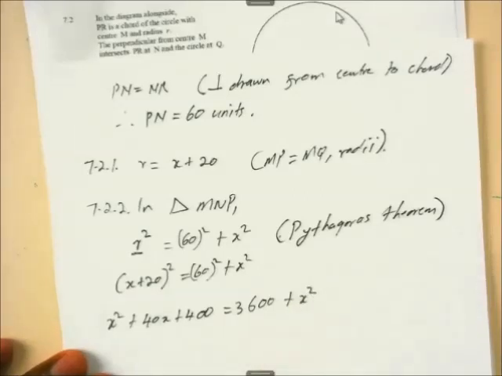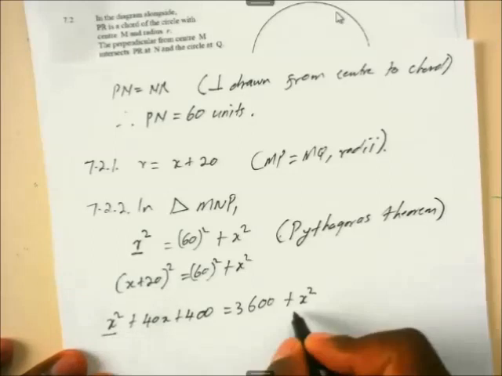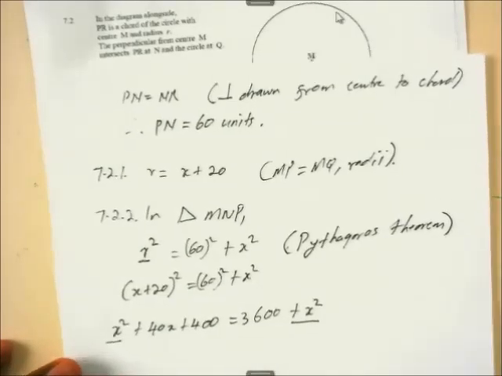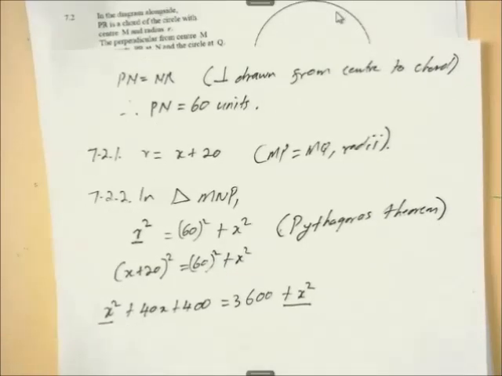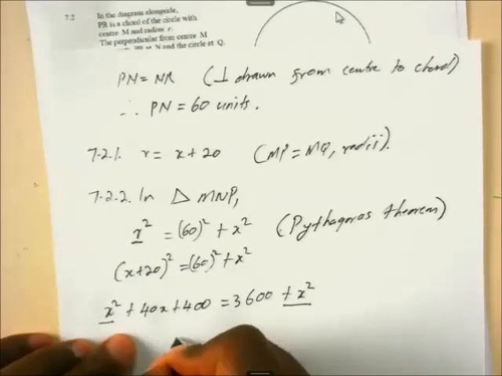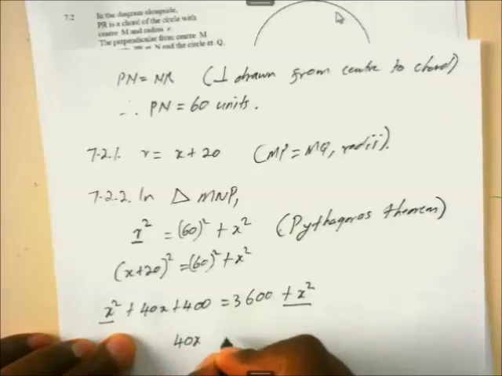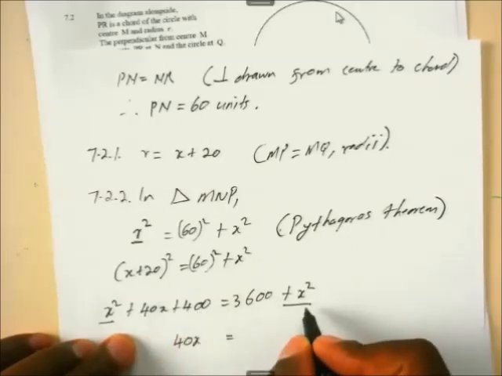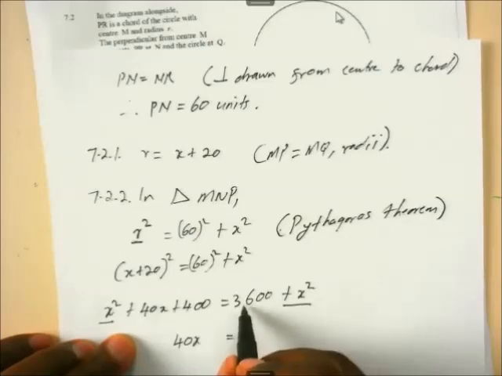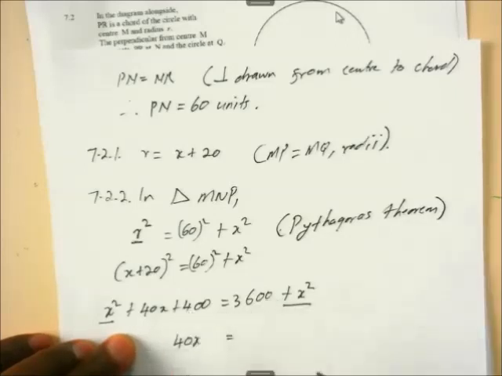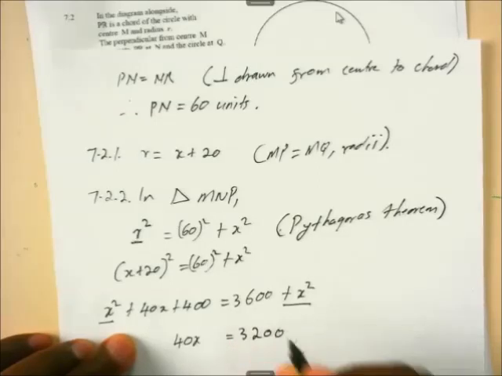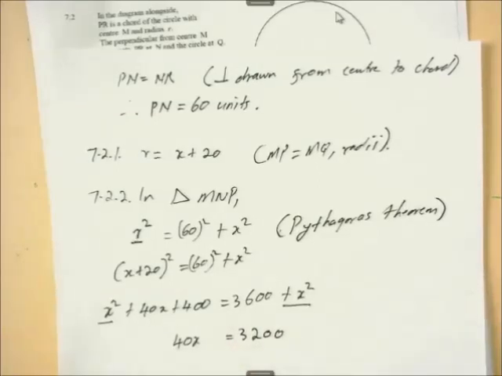Now let's group the like terms. X squared on the other side cancels off. X squared eliminates X squared. What are we left with? On the right-hand side, we'll be left with 40X. Now we transpose 400 to the right. Then you've got 3,600 minus 400, which gives you 3,200.